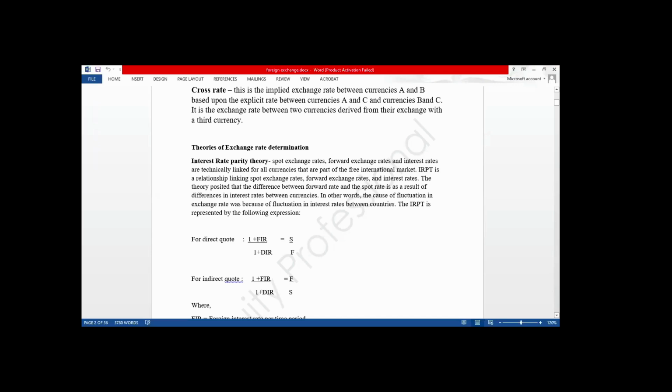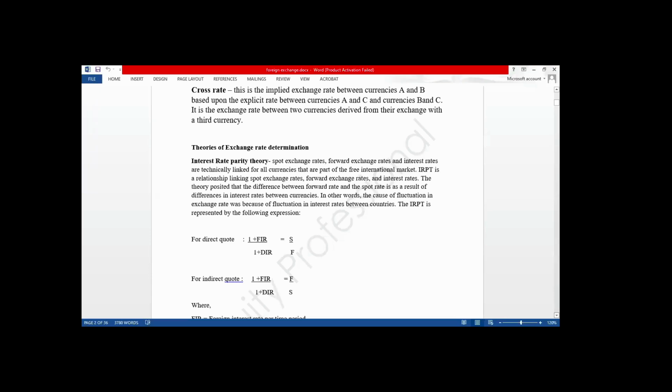There are two major theories that explain exchange rate determination. Number one is interest rate parity theory.